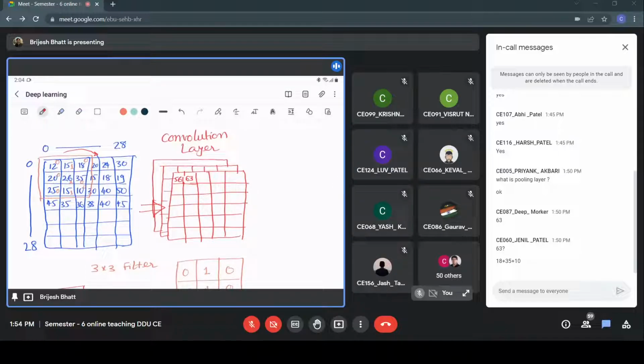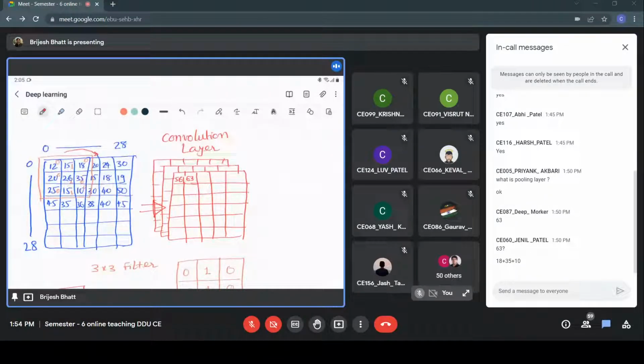So the convolution layer has many such filters. This cascaded deck of layers indicates the number of filters that you are applying on an input data. It can be any number based on size of the filter that you are using.